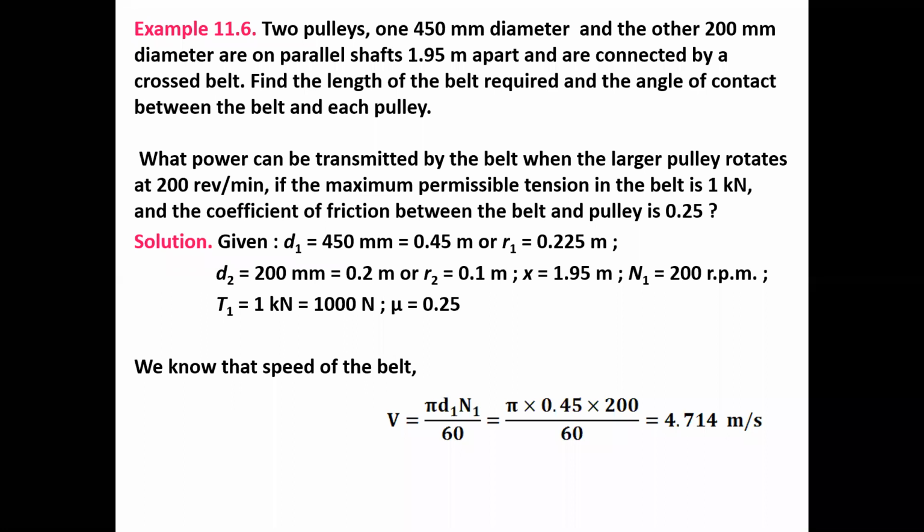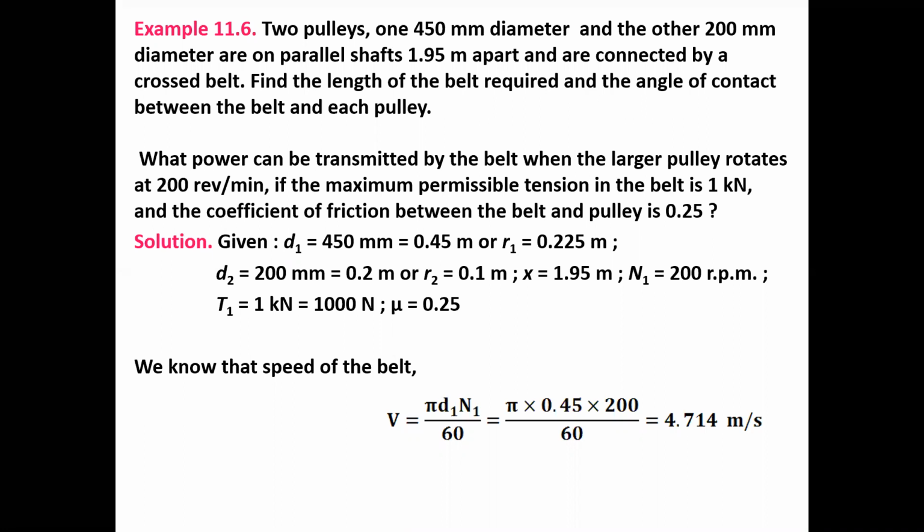The first diameter is 450 mm and the second is 200 mm. The gap between one shaft and the other is 1.95 meters. Find the length of the belt required and the angle of contact between the belt and each pulley.